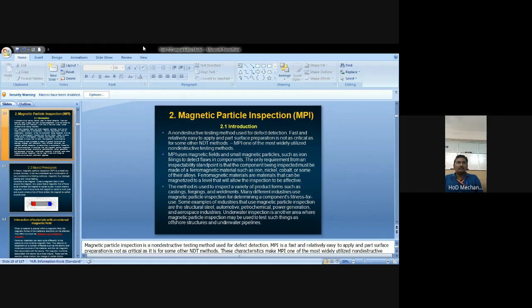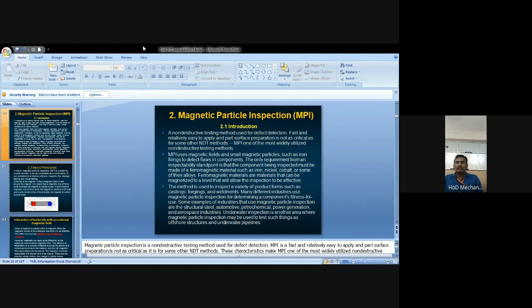The MPT method is most widely utilized by automobile manufacturing companies and also by space research centers, that means ISRO, the Indian Space Research Organization in India. It is used across the country for space research, and the automobile industry uses this method the most because most automobile components for structural design use ferromagnetic material.